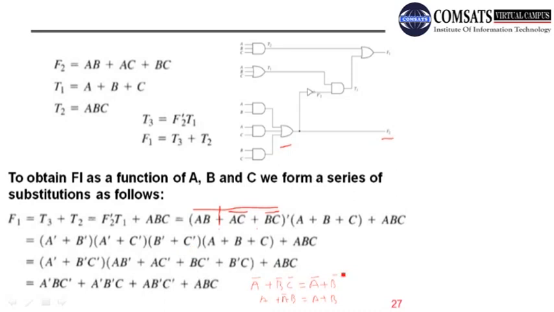So you can always have the simplification after using the Boolean laws. Our ultimate goal is to represent F1 in terms of input variables. So we have F1 here in terms of A, B, C.